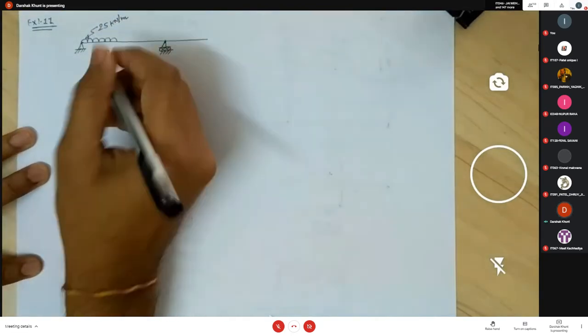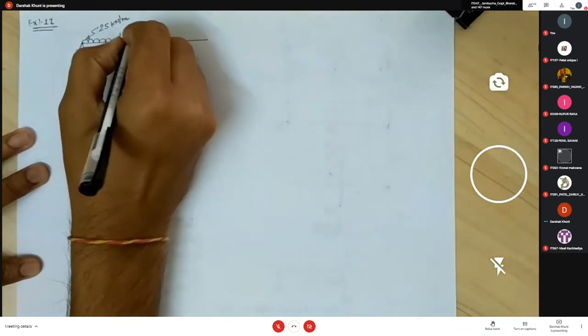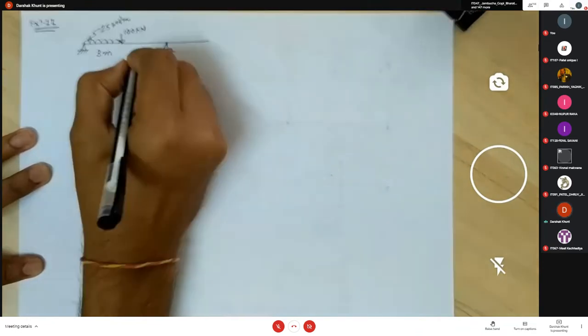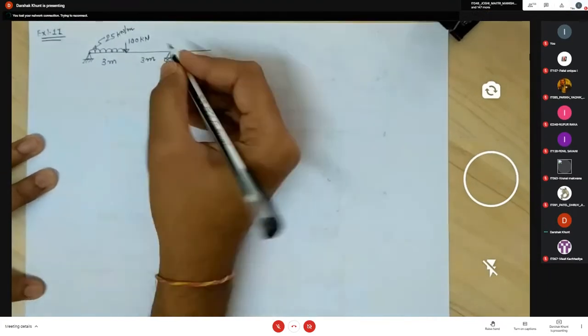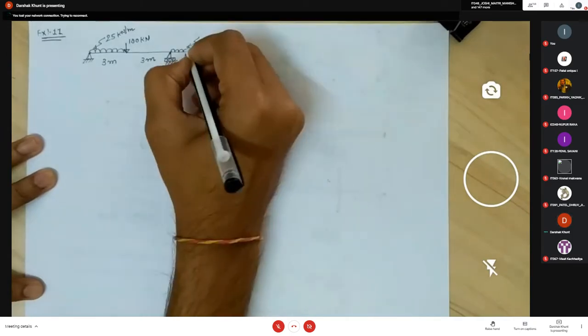One point load of 100 kN here. This is also a 3 meter span. Another UDL of 25. Okay. So you have to draw the shear force and bending moment diagram of this overhang beam.